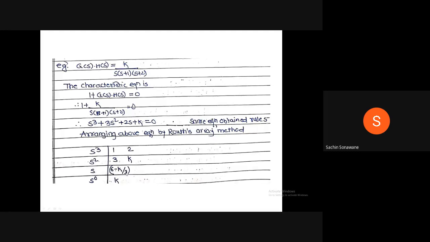Therefore 6 minus K divided by 3. Similarly for S raised to 0 you have to write K into this 6 minus K divided by 3 minus 3 into 0 divided by 6 minus K divided by 3. Therefore K value is there.